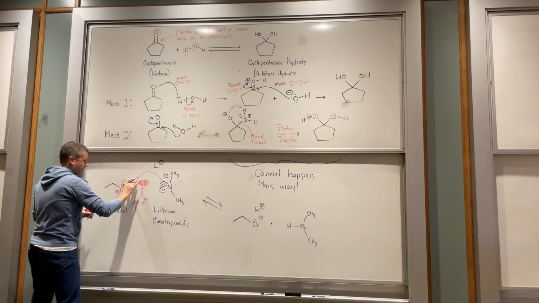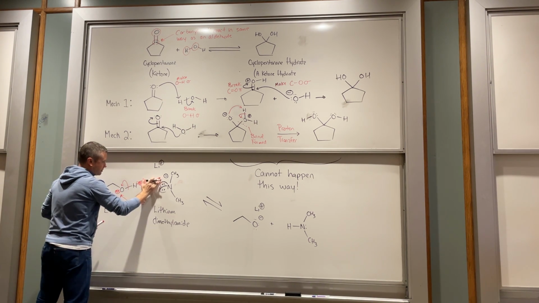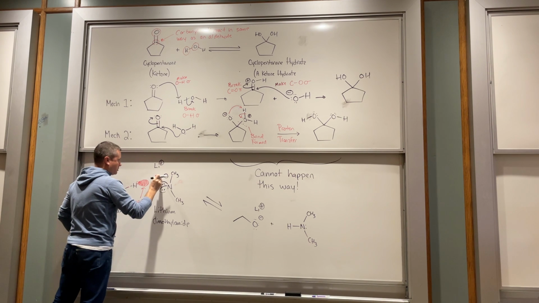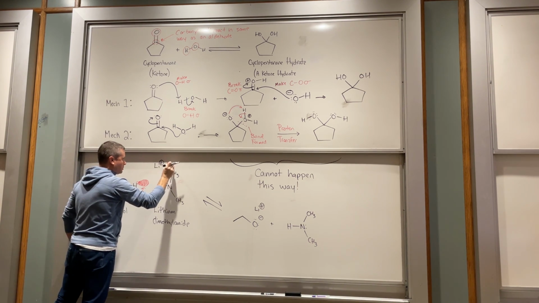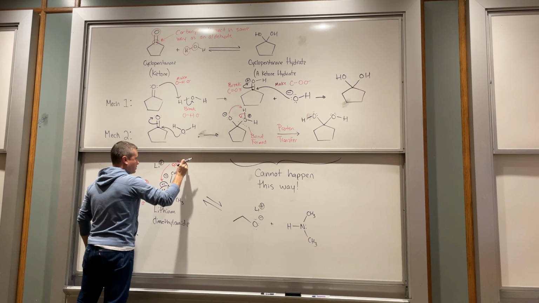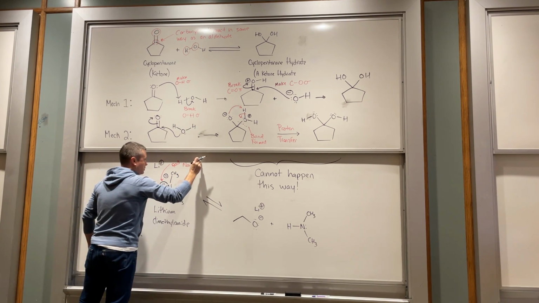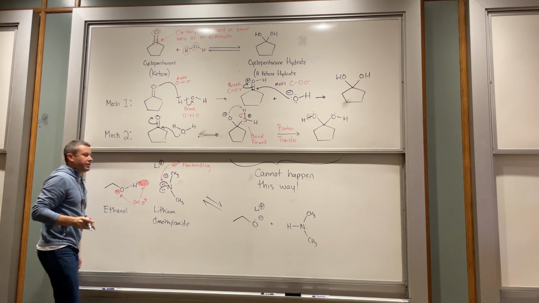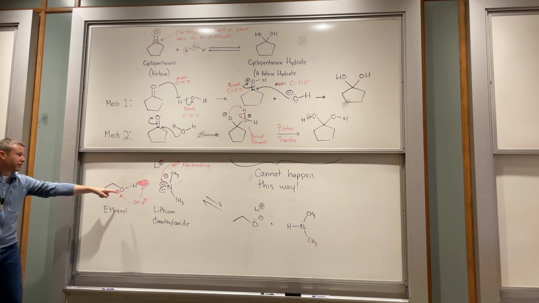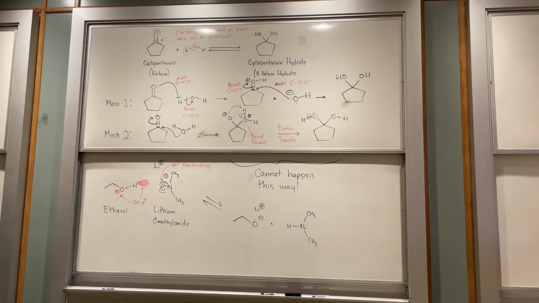I'm going to get rid of this mechanism arrow here just so it's not so cluttered. And then we have an sp3 non-bonding orbital on nitrogen. Those are the 2 orbitals that have to interact in order for that NH bond to form and for the OH bond to break.